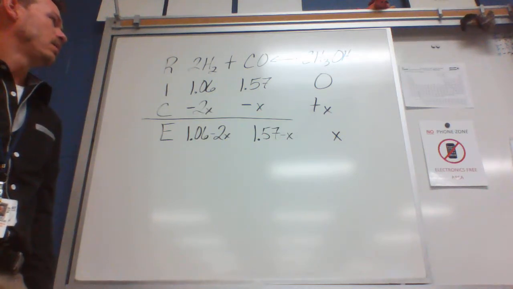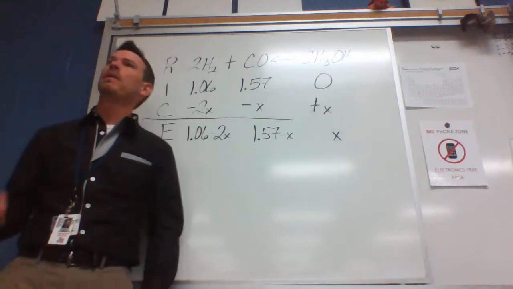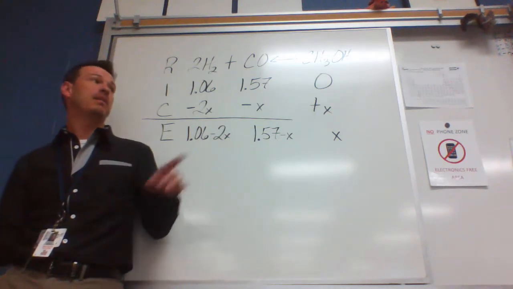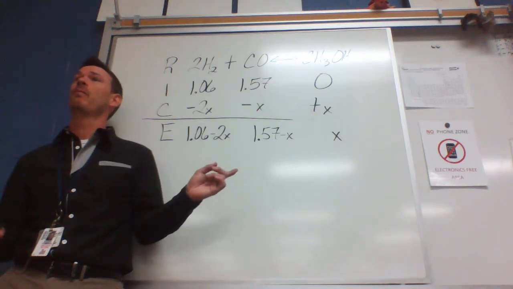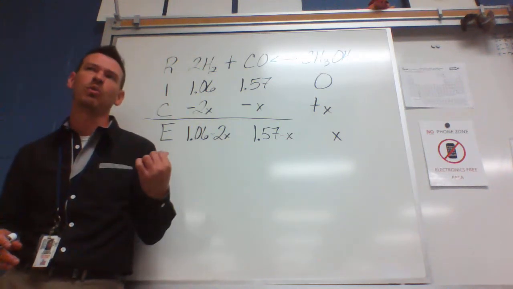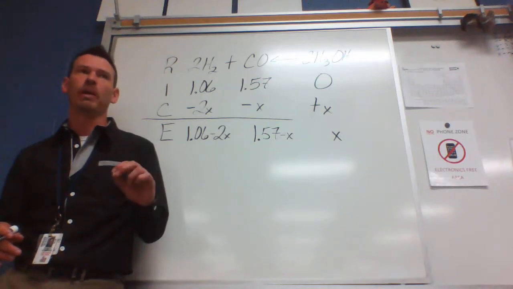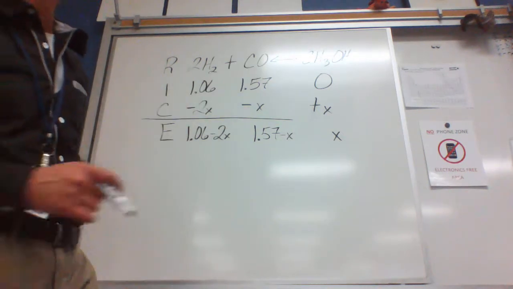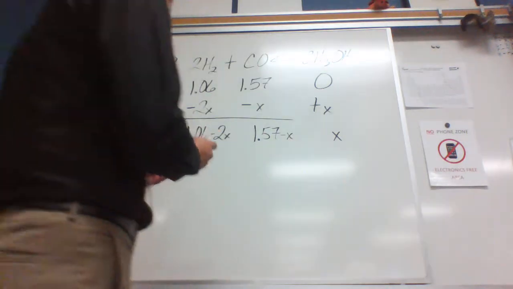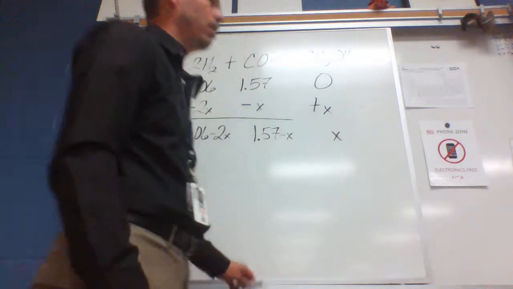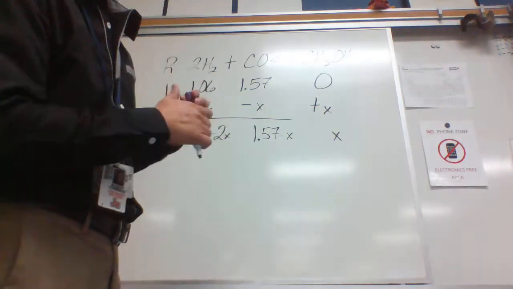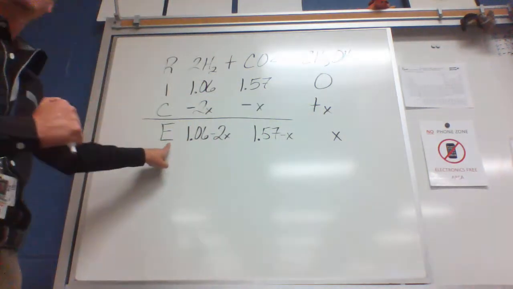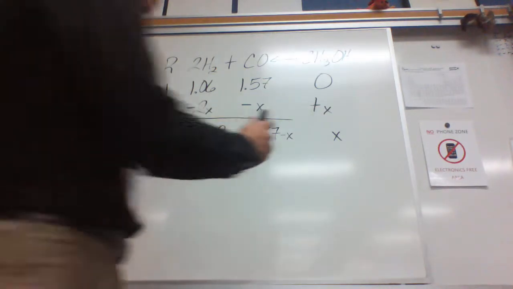Yes. Now, there's always going to be another piece of information given. This is the part that really differentiates problems, because depending on what they give you for the next bit of information, it can make this a really easy problem like this one will be, or it can make it a super annoying problem like our third and final example today will be. But if you look, it tells you flat out that the concentration of the product at equilibrium is 0.2.